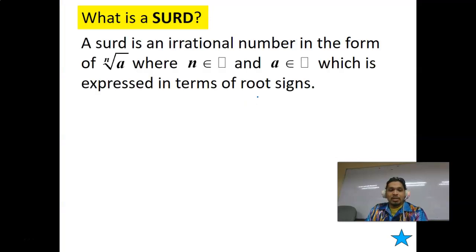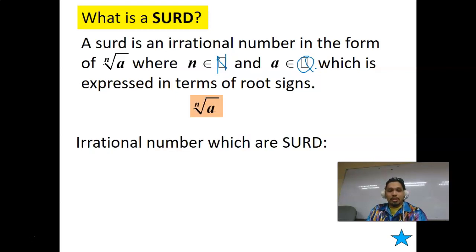So a surd is an irrational number in the form of the nth root of a, where n is an element of the real numbers, and a is also an element of the real numbers, expressed in terms of root signs.